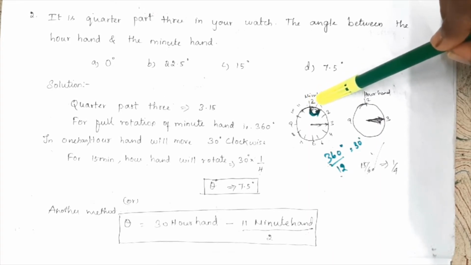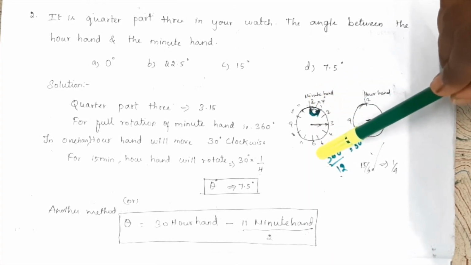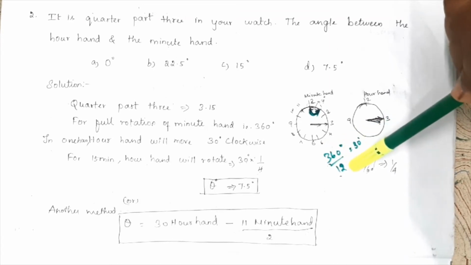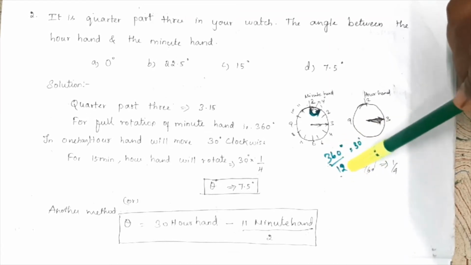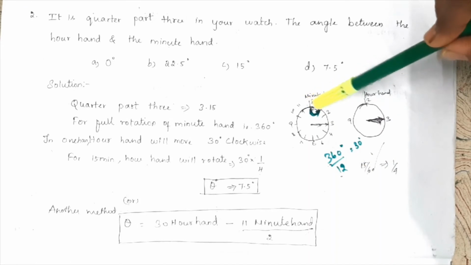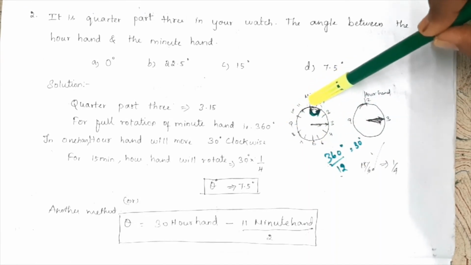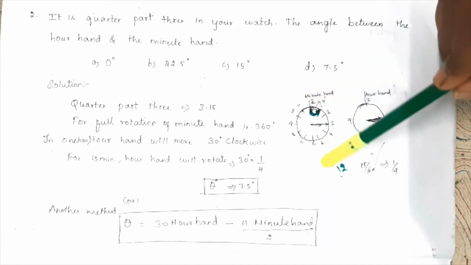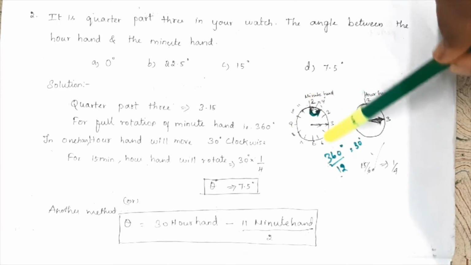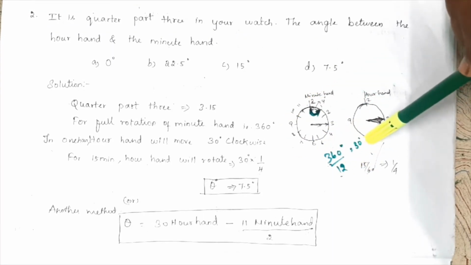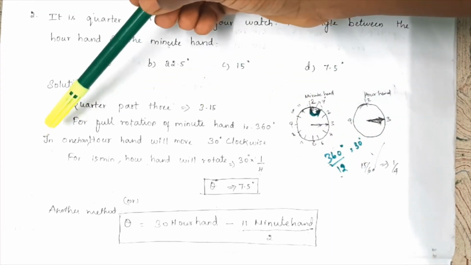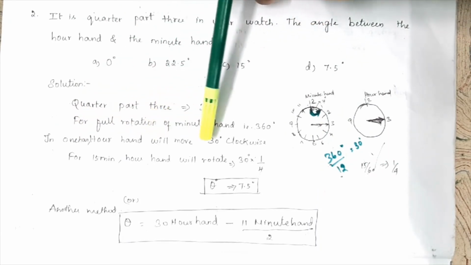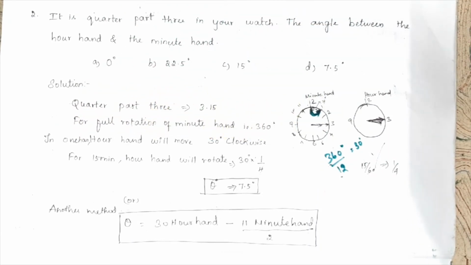That is, 360 degree divided by 12 gives 30 degree, because we have 12 parts and each part is 30 degree. Therefore in 1 hour the hour hand will move 30 degree clockwise.